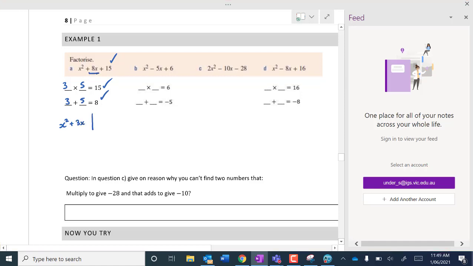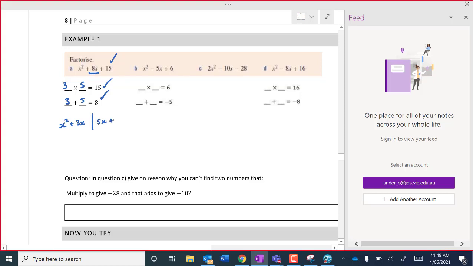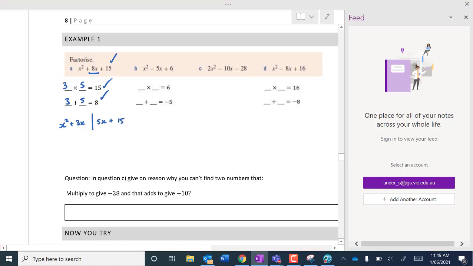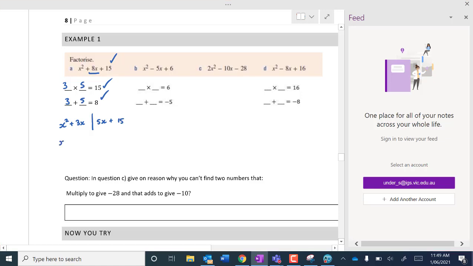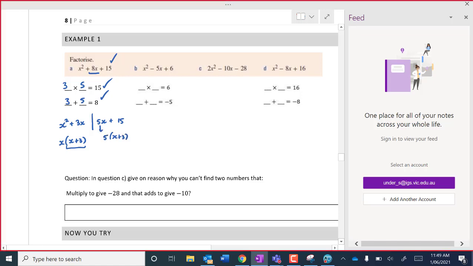That 8x is now 3x and 5x. So there you go, we have split that up. And in grouping, we're going to take out the highest common factor. So x plus 3, this should be a big hint. And if I take out a 5, there you go. We have now factorized that.